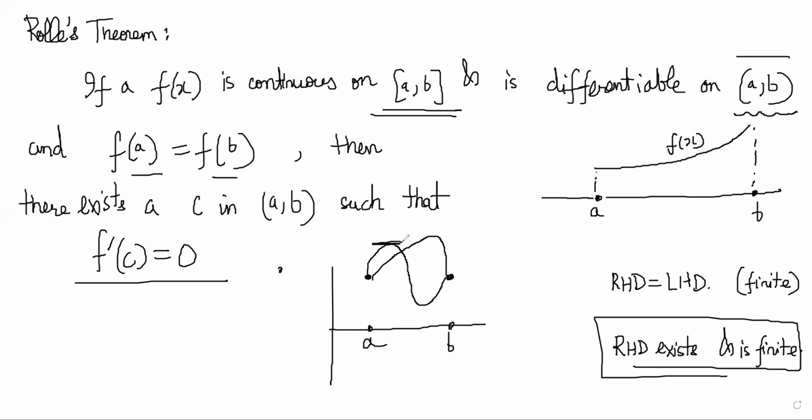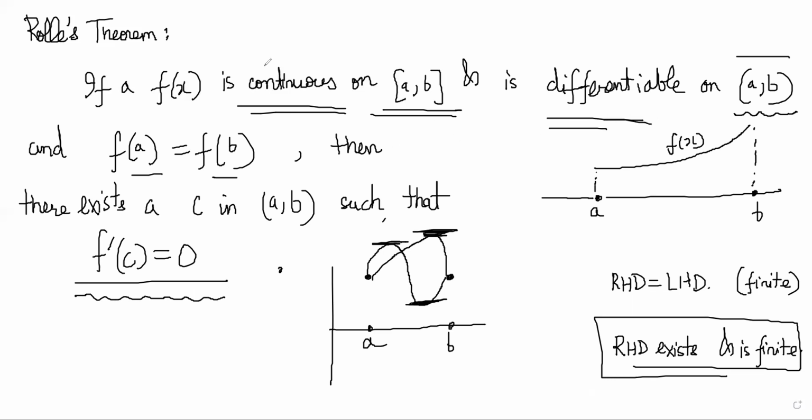Turning back means that the slope will be zero at some point. It will start off as increasing, but it has to become decreasing later, or vice versa. So this theorem follows from the fact that the function is continuous and differentiable.